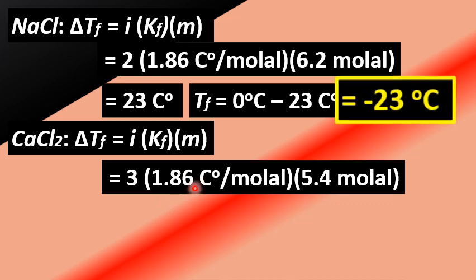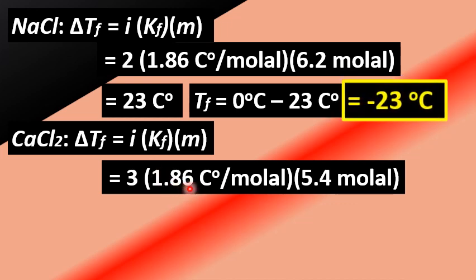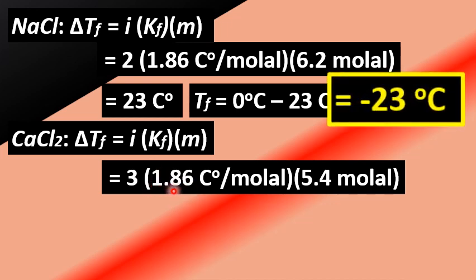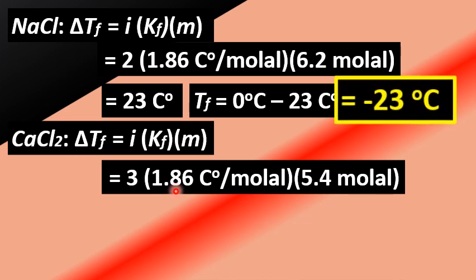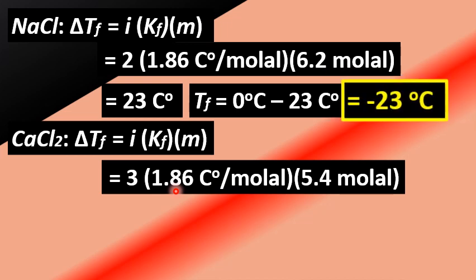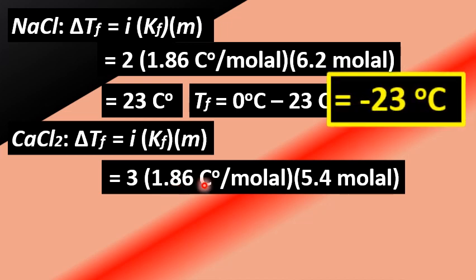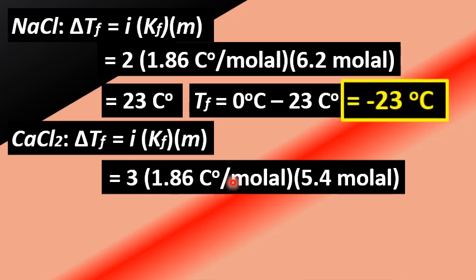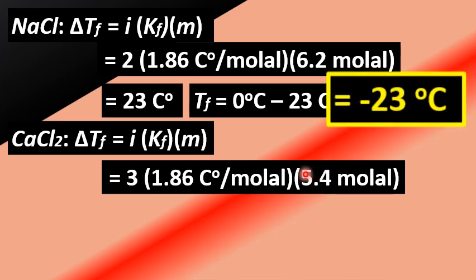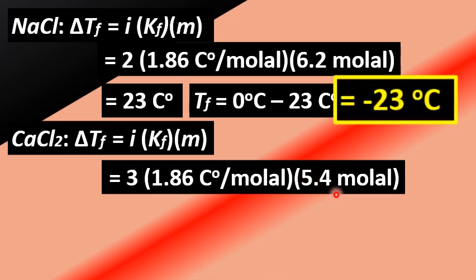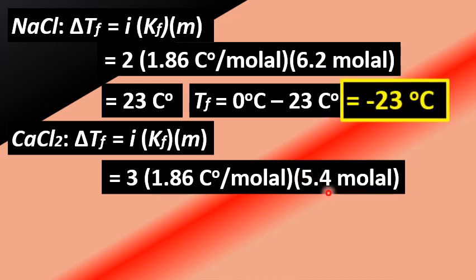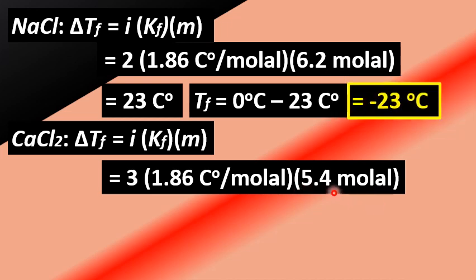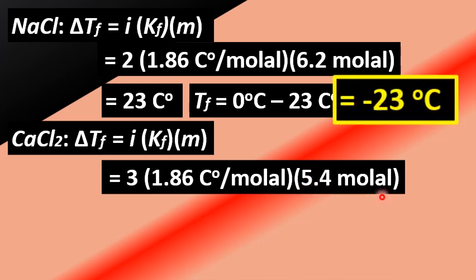And then the same value of K sub F, the molal freezing point depression constant of water, is 1.86 Celsius degree per molal. All right? And then multiply it by the computed molality of calcium chloride, which is 5.4 molal.